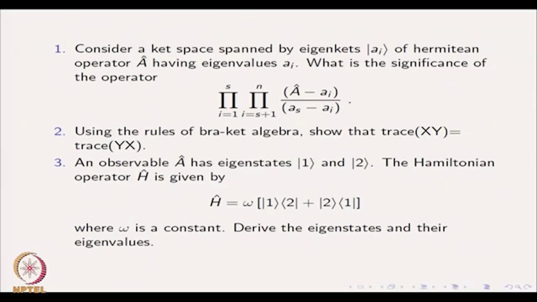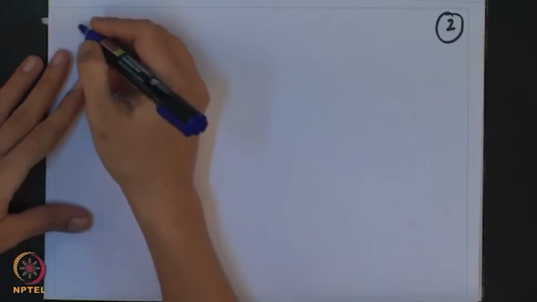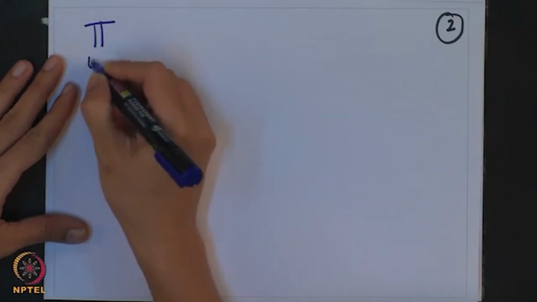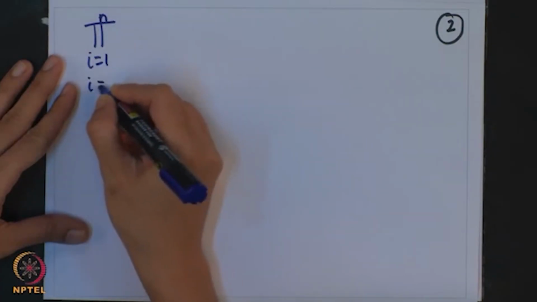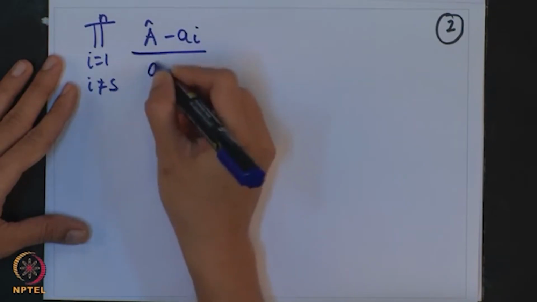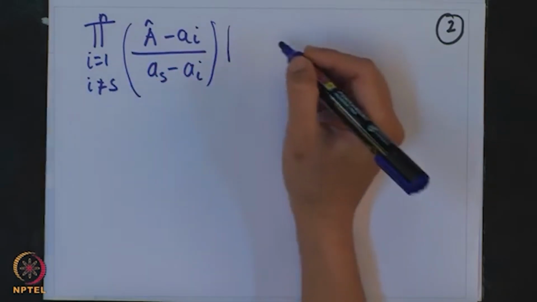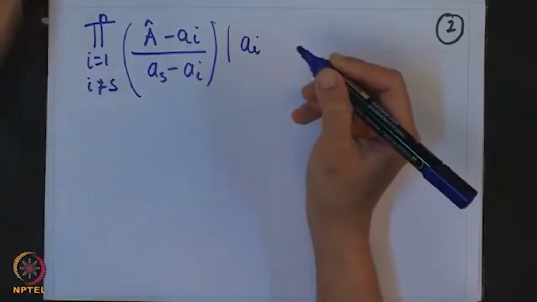You will operate this operator on a ket, that is the eigenket |a_i> given to you. Okay. So, the eigenket |a_i> is operated on, so you have the product over i from 1 to n of (A minus a_i) upon (a_s minus a_i), operated on |a_i>.